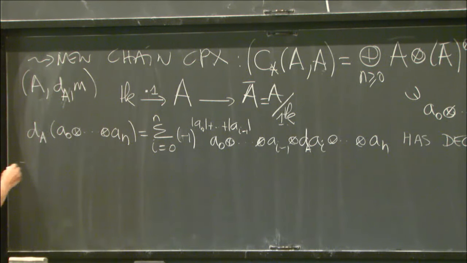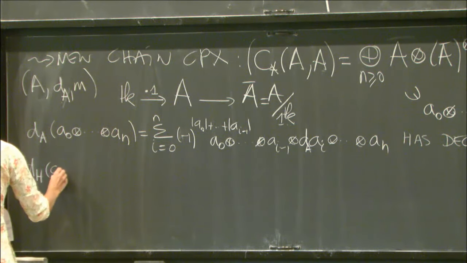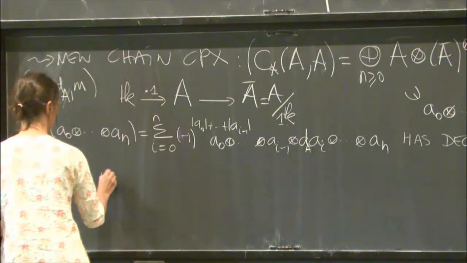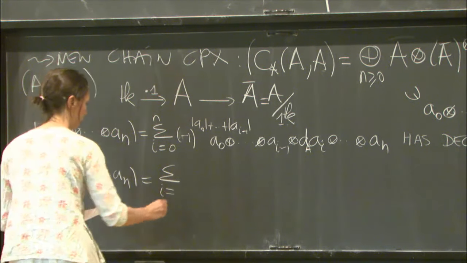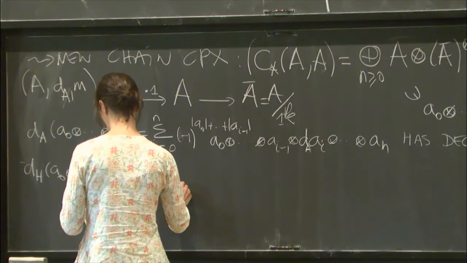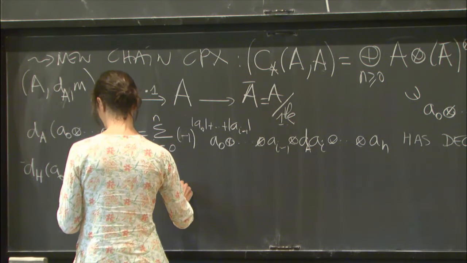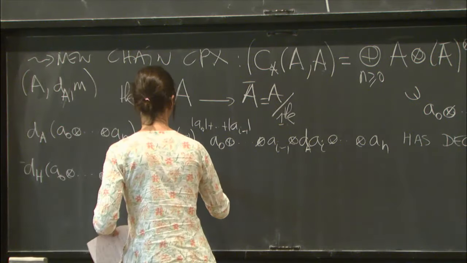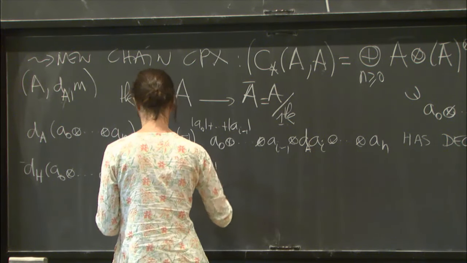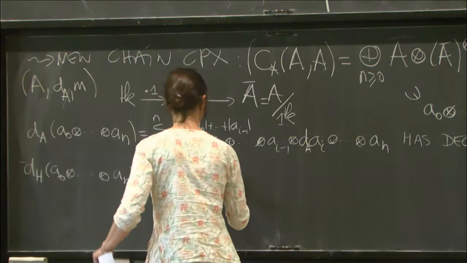And now here's the other differential, dH of this guy, A0 tensor blah blah blah AN. So it's first a sum, I is, I guess, 0 to n minus 1, and then I'm going to go minus 1 to the I plus 1. This is the easy sign.